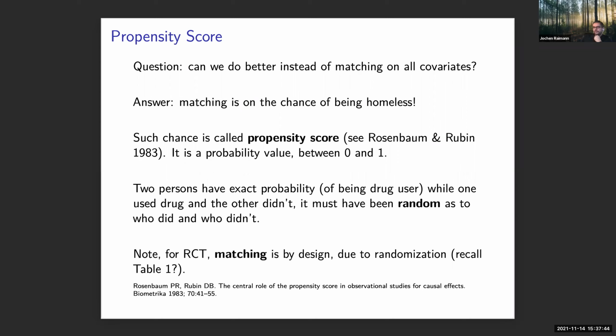In a perfect world, we would use so many covariates that we get an exact probability for both drug users and non-drug users, homeless and non-homeless, smokers and non-smokers, alcoholics and non-alcoholics, you name it, right? So if you are getting a probability for 2 individuals that is entirely the same, and you're comfortable accepting this probability as being the true probability, which obviously is the downside of the method, right?